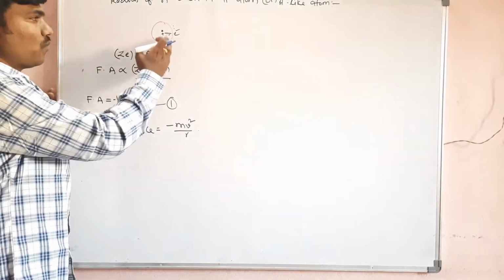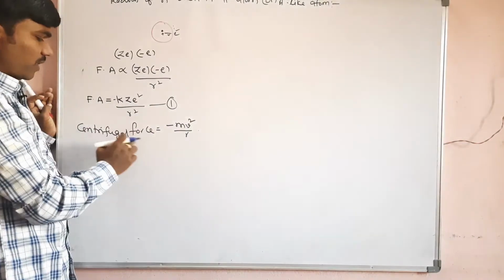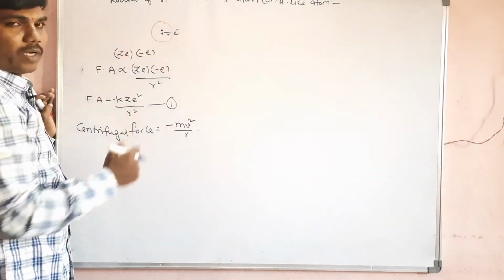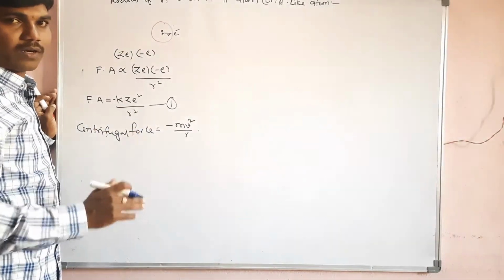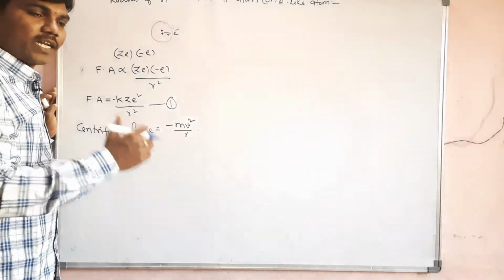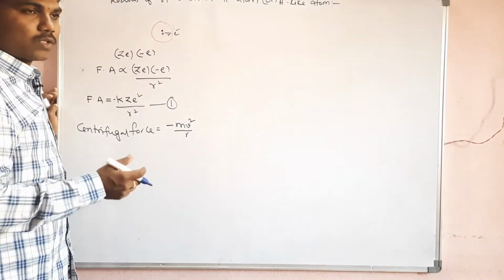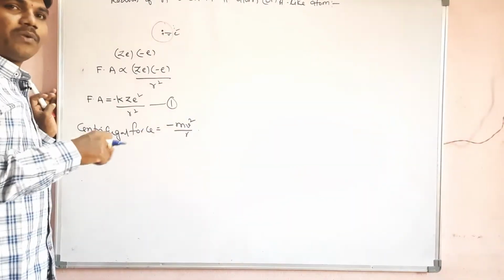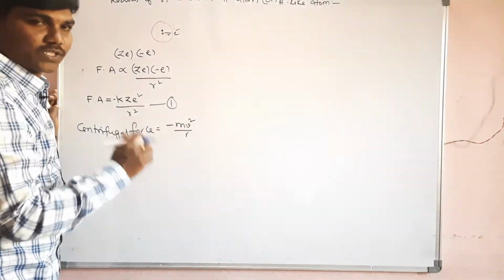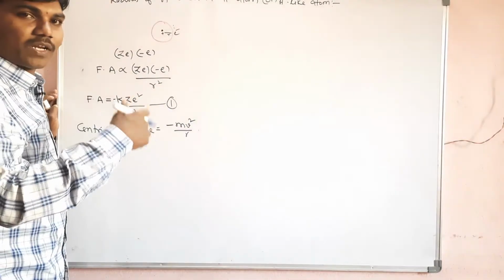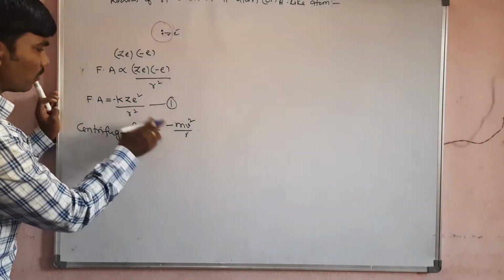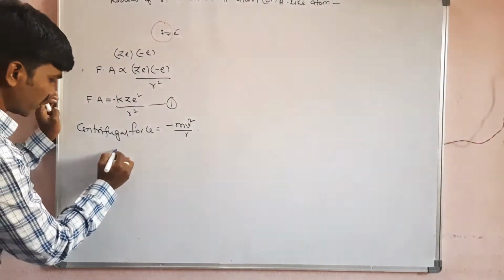If the force of attraction dominates over the centrifugal force, the electron will move towards the nucleus and will not revolve. If the centrifugal force dominates, the electron will come out from the circular path. So both forces should be equal and opposite, then only the electron will revolve in a circular path.